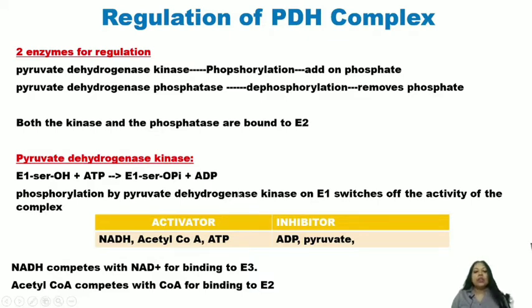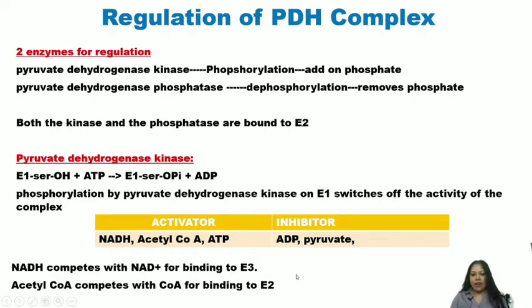The activators of this kinase are high levels of NADH, acetyl coenzyme A, and ATP. How do these activate the kinase? See, NADH competes with NAD plus for binding to E3. Remember the previous lecture where I explained the mechanism of the E1, E2 and E3 complex together, where I gave a very detailed picture.